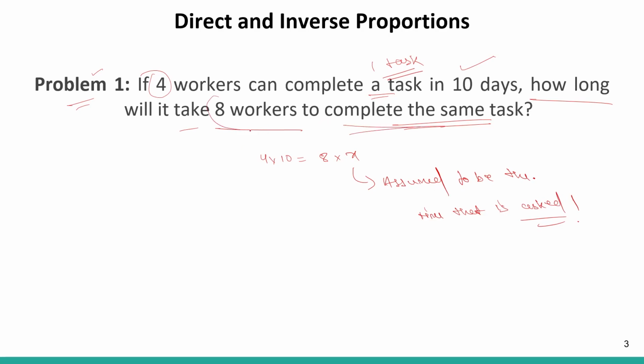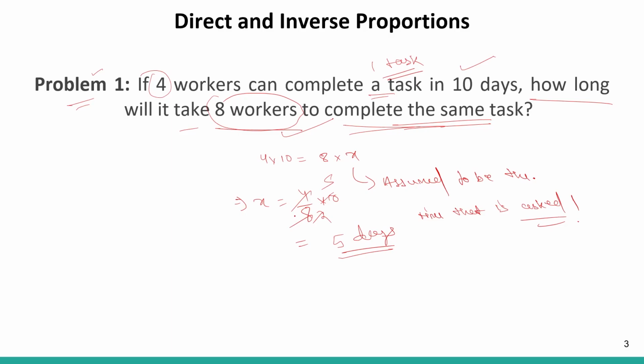So x is equal to 4 by 8 into 10, which is 1 by 2 into 10, so it will be 5. So for 8 workers, it will take 5 days to complete that same task.